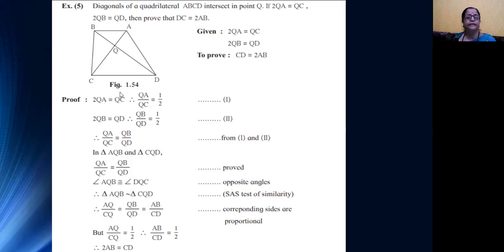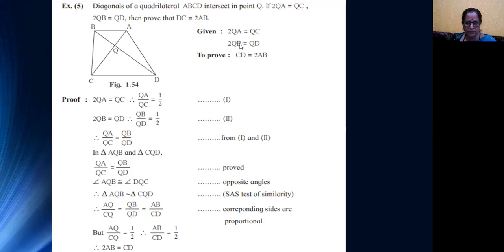For proving that, we take this in this form: 2QA is equal to QC. Therefore, we write QA divided by QC, so that we get this 2 in the denominator. So it is 1 by 2.